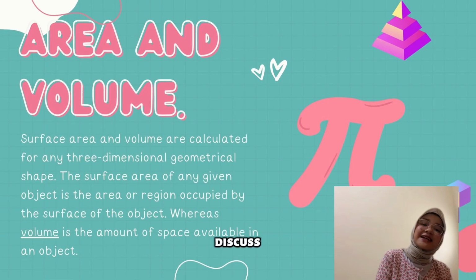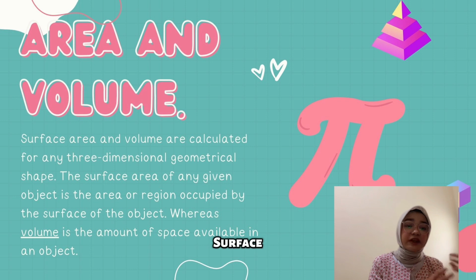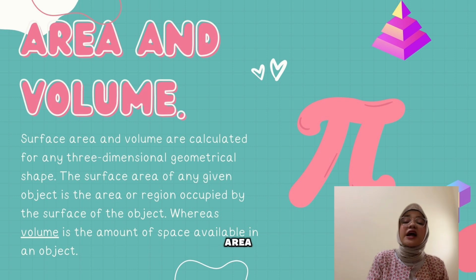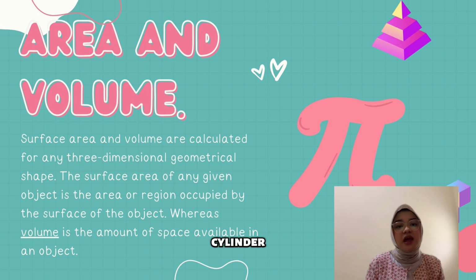Next, let's discuss area and volume. Surface area and volume are calculated for any three-dimensional geometrical shape. The surface area of any given object is the area occupied by the surface of the object, whereas volume is the amount of space available in an object. In geometry, there are different shapes, such as the cube, cuboid, cone, and cylinder.